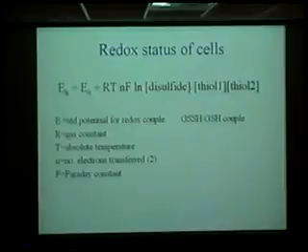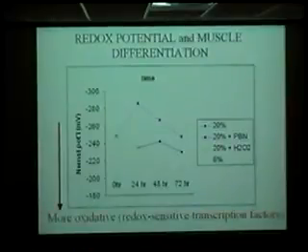So Jason Hansen, again a postdoc in the lab, was interested in what the oxygen environment does to the redox status of the cells as they differentiate. And he went back to the old Nernst equation, and since glutathione is the major redox couple quantitatively in the cells, we measured oxidized glutathione and reduced glutathione by HPLC and looked at the redox status during differentiation under these different oxygen conditions.